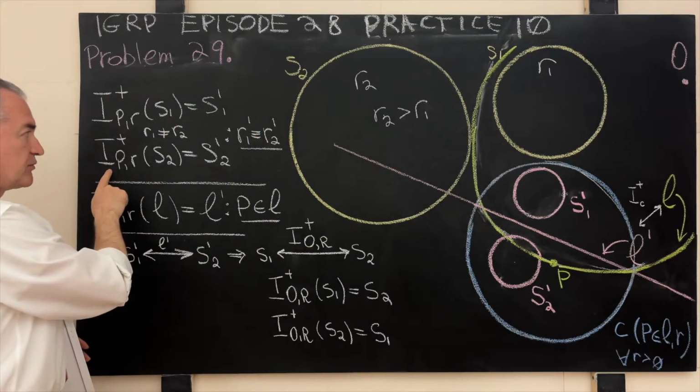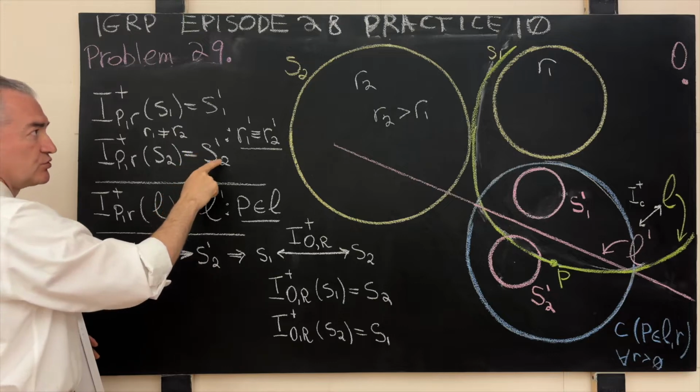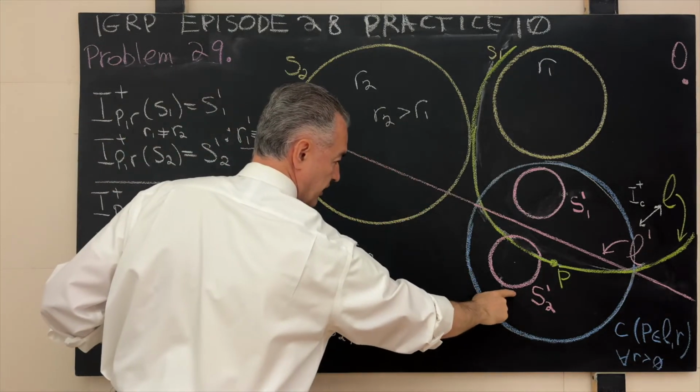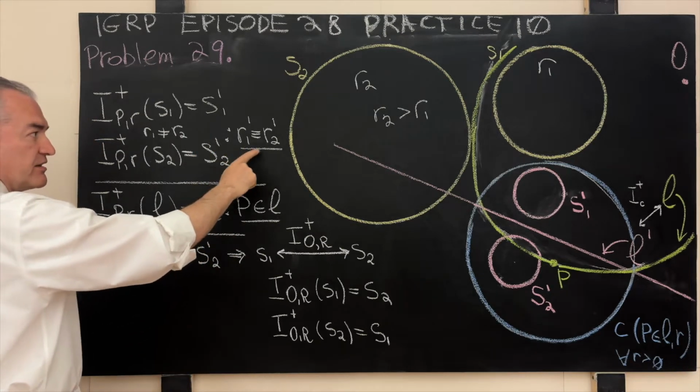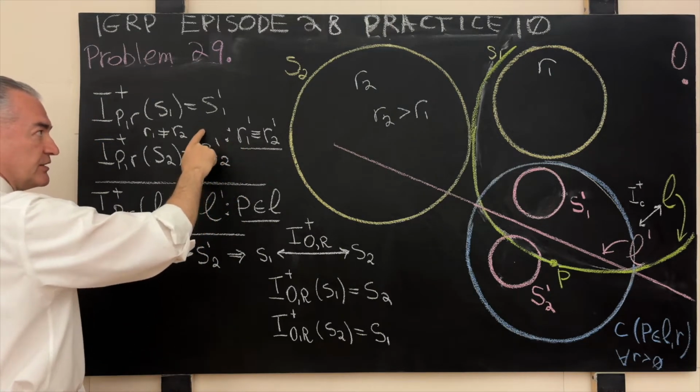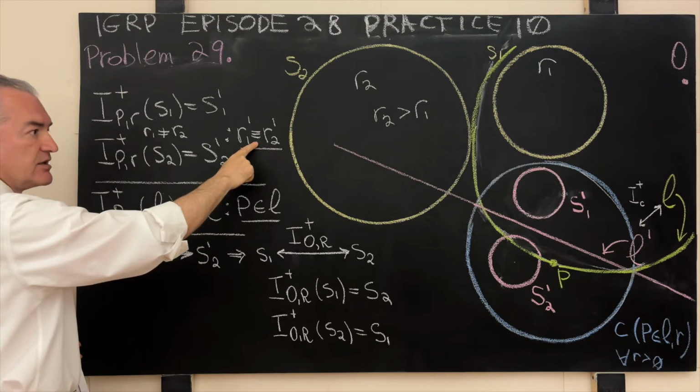And under the same inversion, the circle S2 is taken into the circle S prime 2, also shown in red over here, such that the radii of the reflected circles are exactly the same.